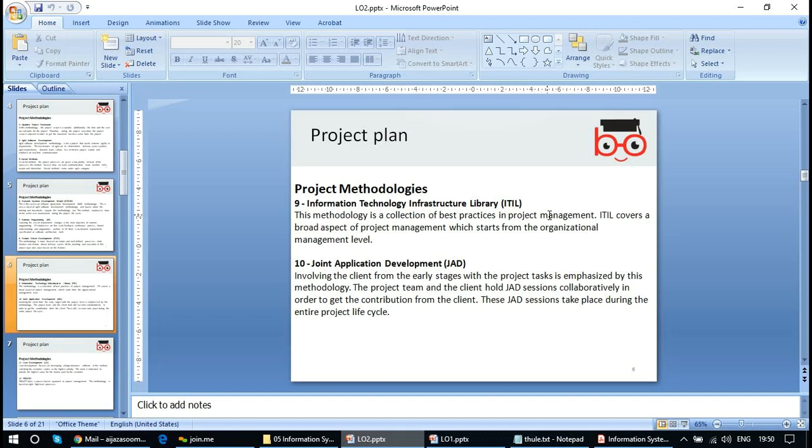So this says which one the best practice would be adopted. And then joint application development, involving the client from the early stages of the project, is emphasized by this methodology. So in joint application development, you involve the client directly in the initial stages.